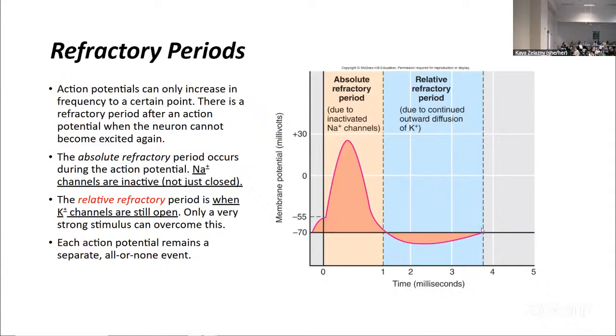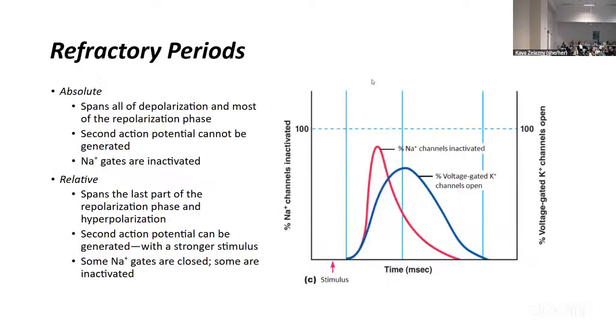Regardless, if you did manage to fire off an action potential during that relative refractory period, it would look the same as any other action potential. It would still just spike up to positive 30 in these phases as our original one did. Okay. So to break that out, put another picture on it.